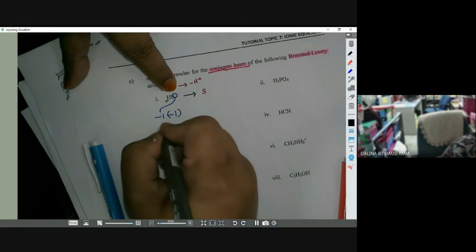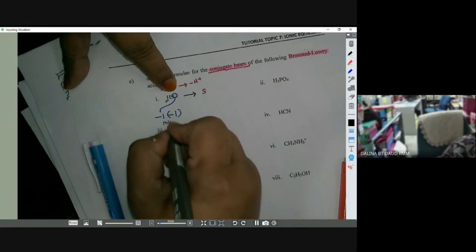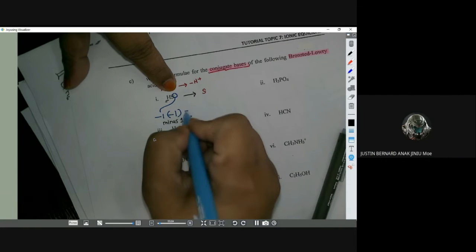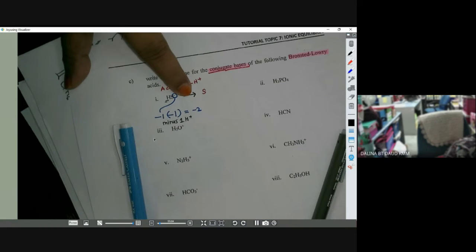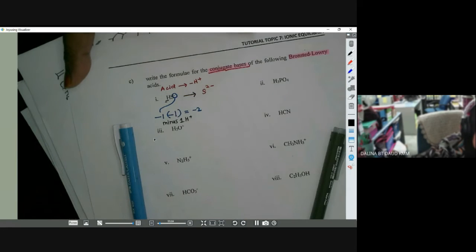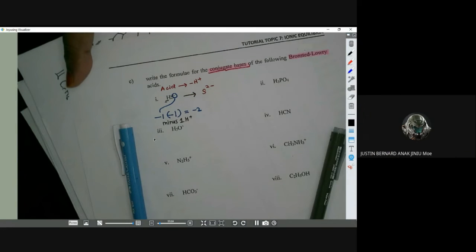Minus 1 H plus. Okay, so equal to berapa? -2. So, we write the formula as 2 minus. Faham? Yeah, I get it. Okay.